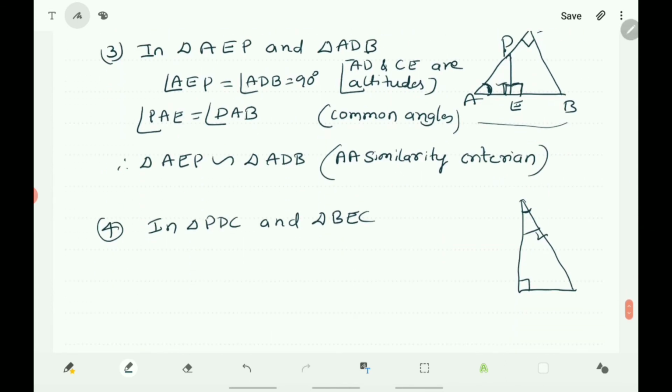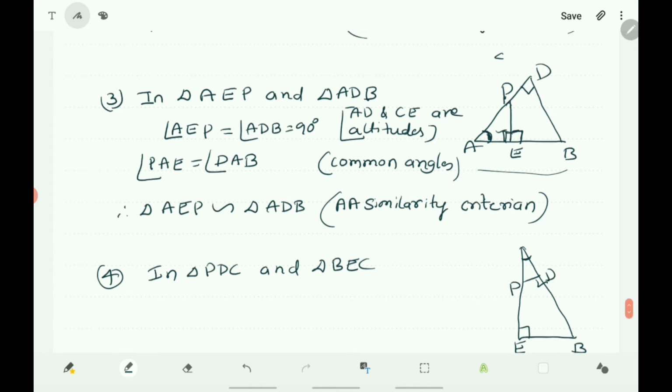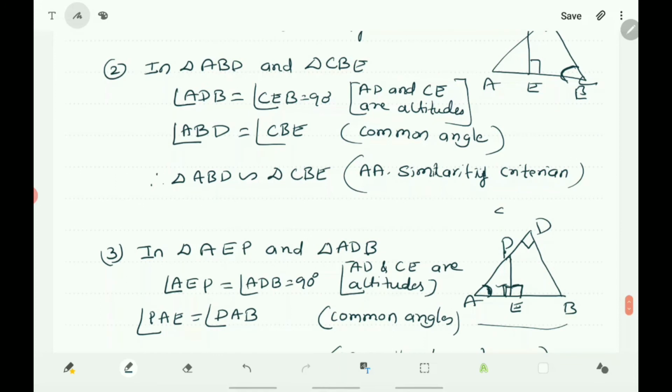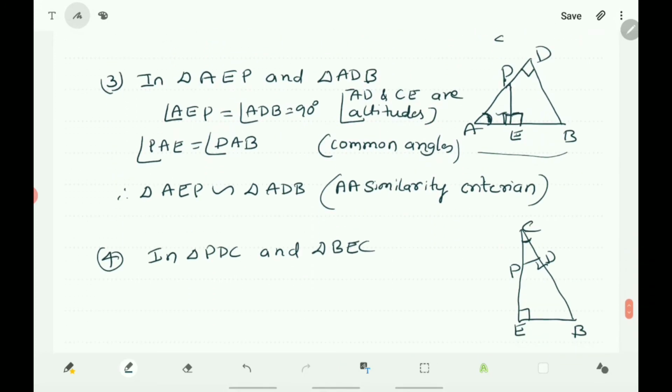So you can write the names here. This is B, this is E, this is P, D, and this is C. This is 90 degrees. Have the rough sketch of these two triangles.